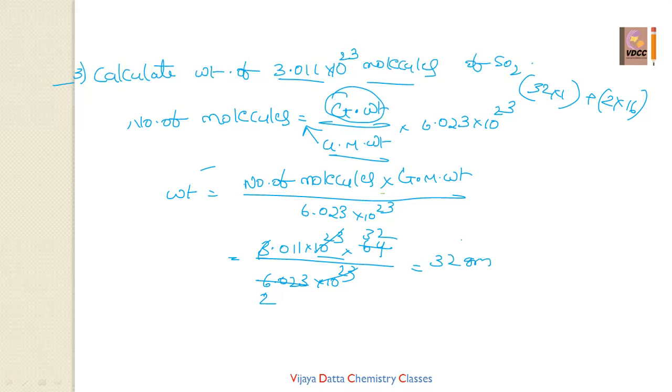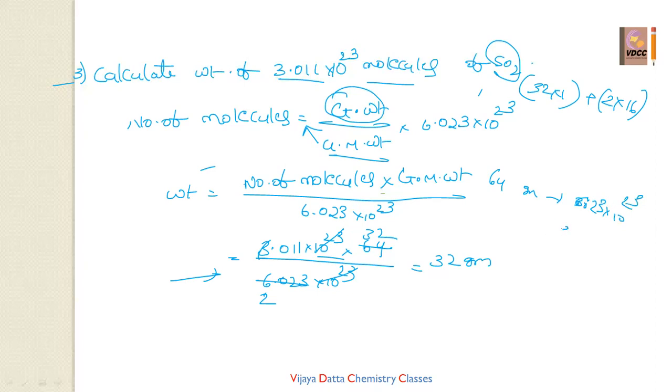Instead of doing all this, we can come to one conclusion: 3.011 into 10 to the power of 23 molecules is exactly half of the Avogadro number. SO2 molecular weight is 64. So 64 grams is for Avogadro number, 6.023 into 10 to the power of 23.